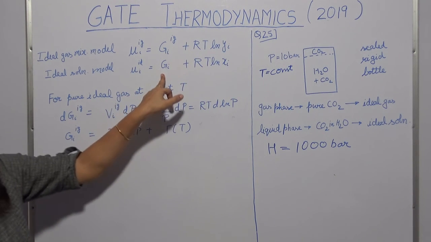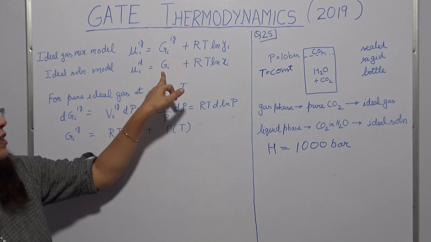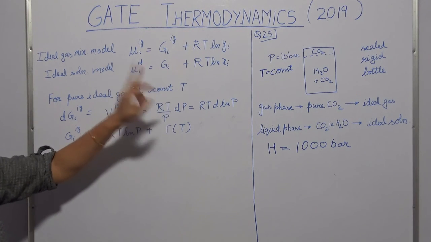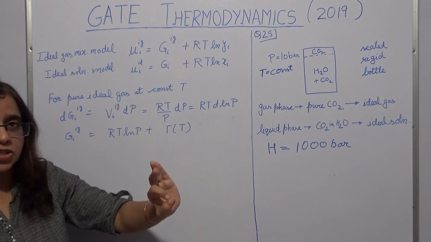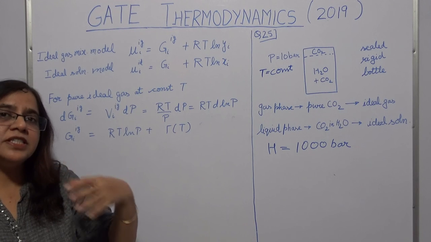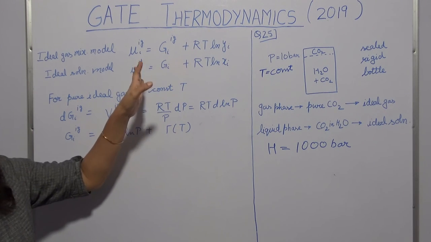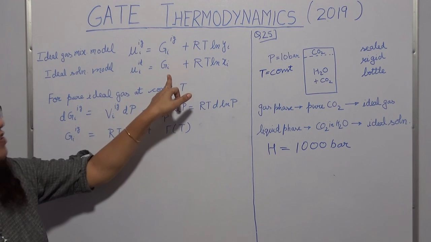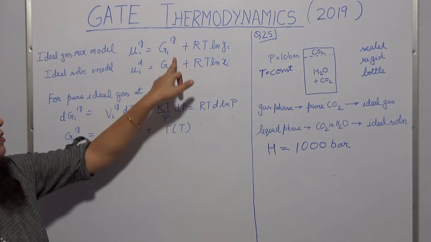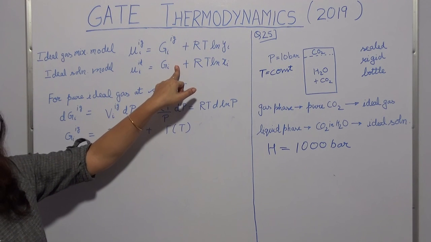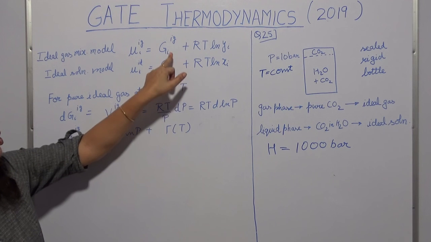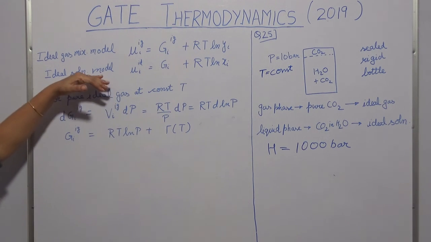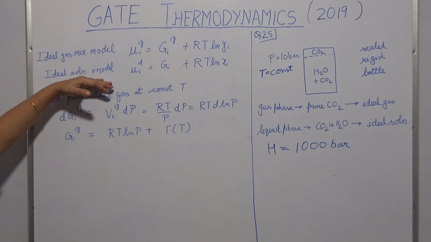Here Gi is the Gibbs free energy of species i at system temperature and pressure, in its real physical state at that solution temperature and pressure. Mind that the quantities I put in capital letters are molar quantities, so this is Gibbs free energy per mole. Fine, so this is the ideal gas mixture model and the ideal solution model.